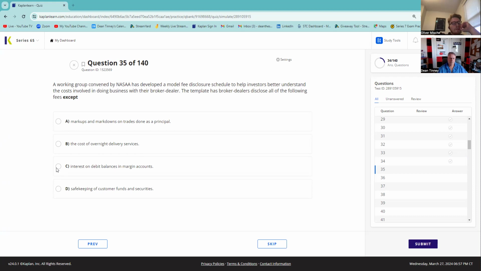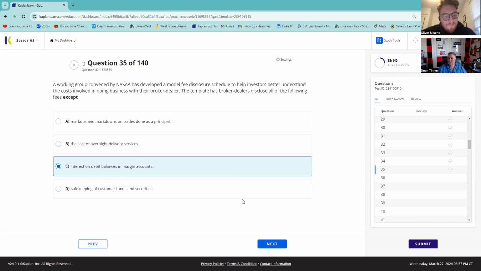I don't like the phraseology on this question. You missed it. Is it A? Here's what they're getting at. Markups and markdowns aren't part of this model fee disclosure. Markups and markdowns and commissions are on the confirmation. So what they're really getting at is, where is the disclosure made?